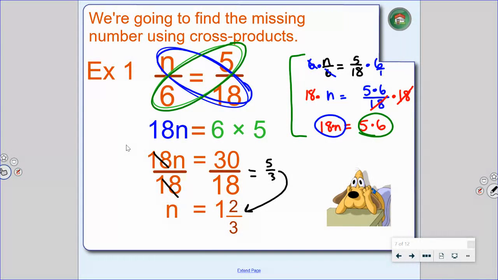Some of you like to change to a mixed number first, and then simplify later. Point is, ladies and gents, we're going to call that cross product. Some people call it cross multiplication. It's not reducing. It's not cross reducing. It's cross multiplication in order to solve and find the missing piece of a proportion.